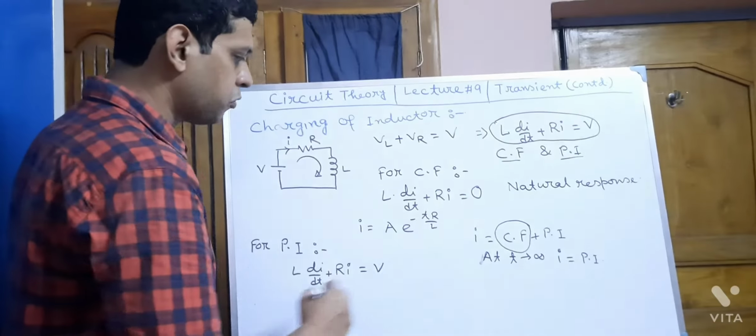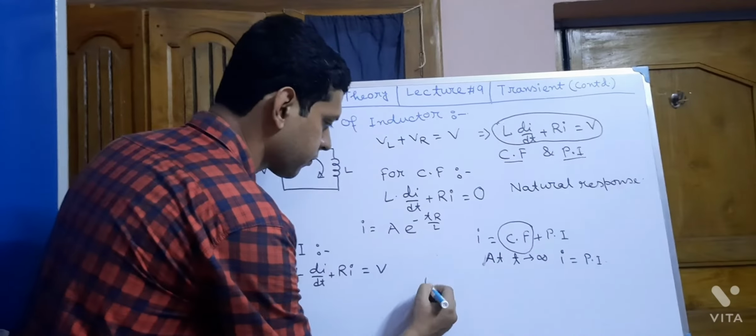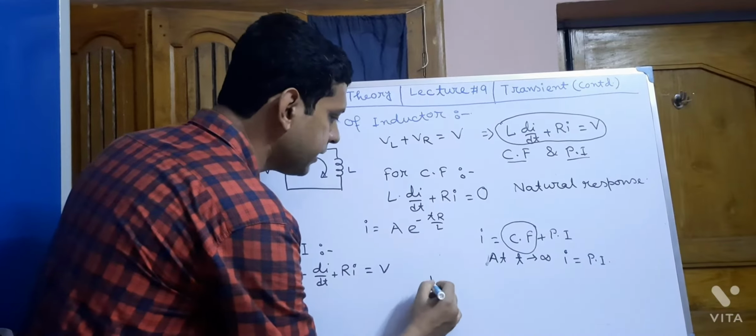So let us take I equal to K. This is one constant term. Now di/dt of a constant is equal to 0. Therefore, R into K equal to V. So K equal to V by R.